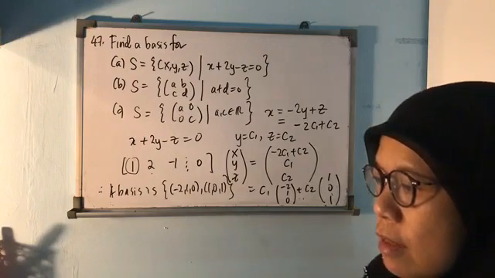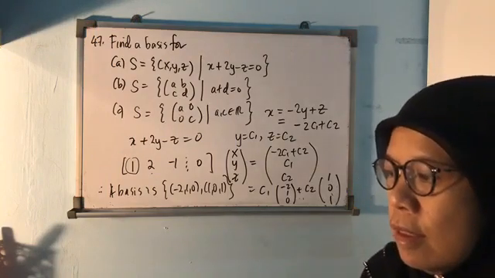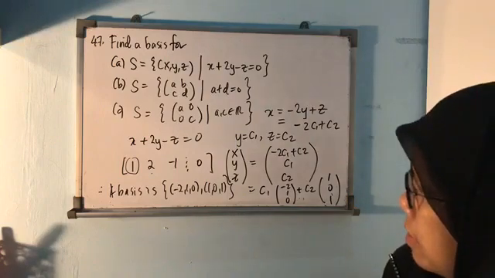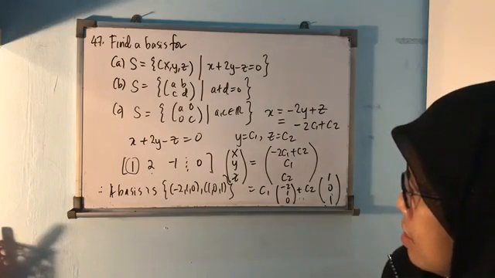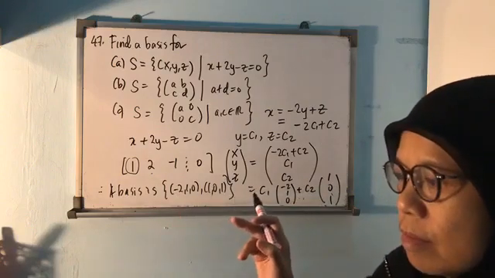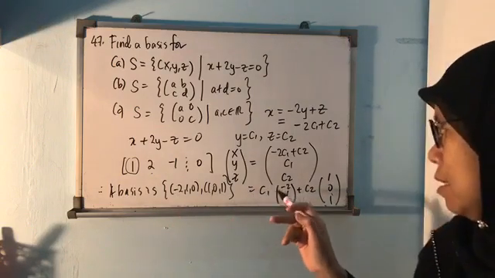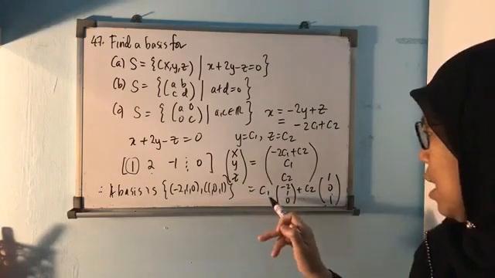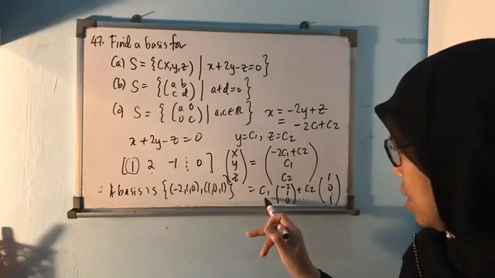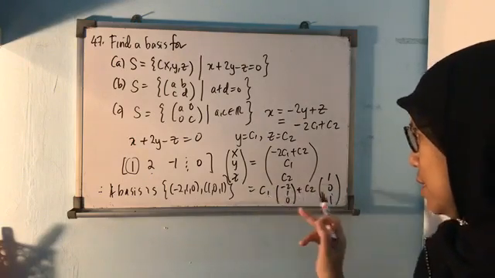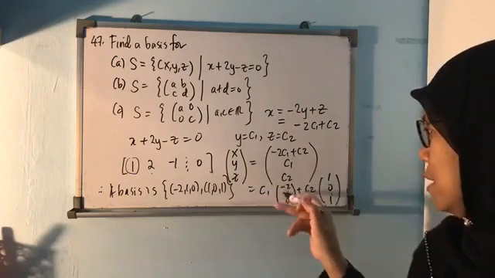Who asked just now? Number 47, right? So you have to have 2. And this is not unique. Meaning, how I get these 2 is, I take C1 is 1, C2 is 0, I get this one, right?